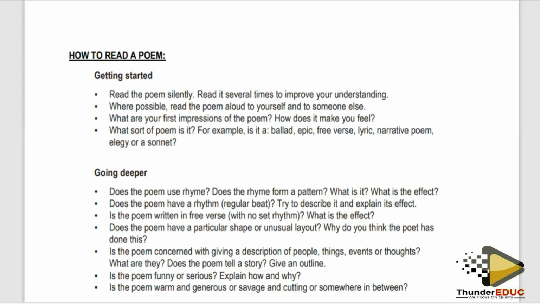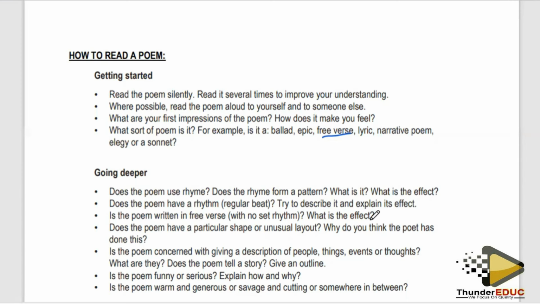But if it has an irregular rhyme scheme, you must now understand that that's a free verse poem. This free verse poem is only found in poems that have irregular rhyme schemes, not poems that have regular rhyme schemes. So you must be able to find out what it is. Is the poem written in free verse with no set rhythm? And what is the effect of that?